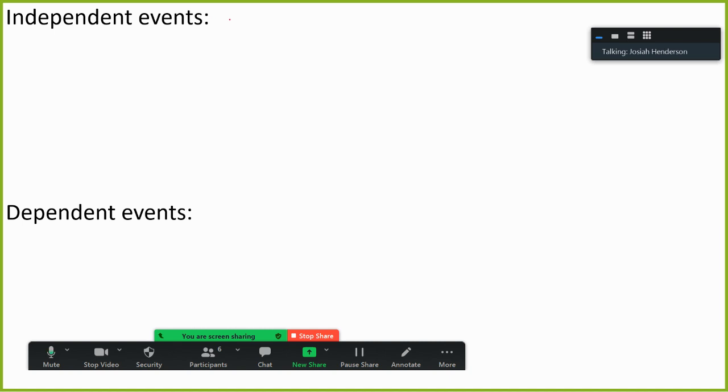So independent events do not depend on each other, and there is replacement. So if we're dealing with marbles and taking one thing out of a collection of others and putting it back so that every stage is brand new and fresh, then these are independent events. So let's say this: two events that do not depend on each other.